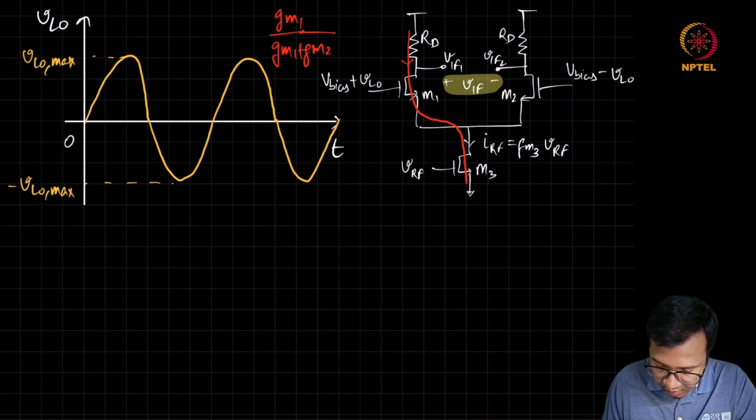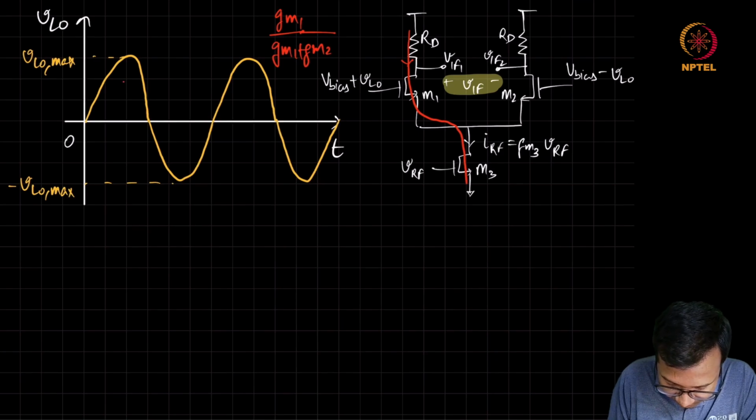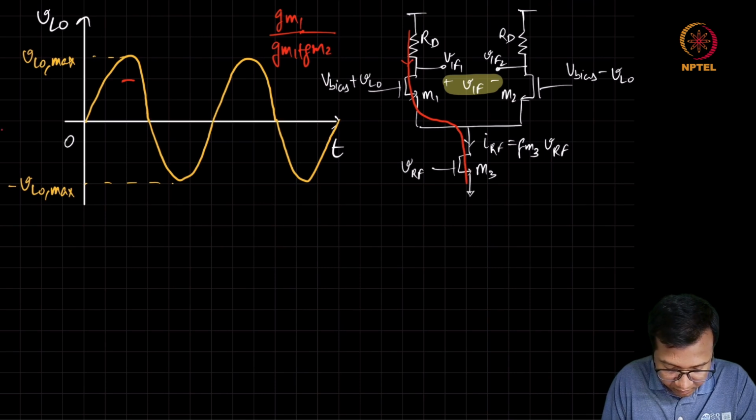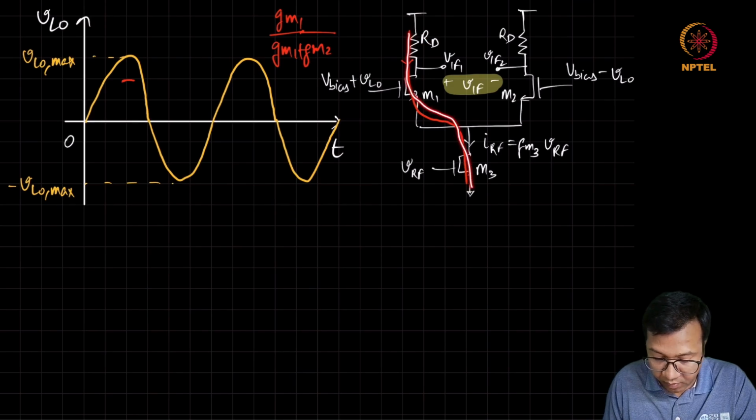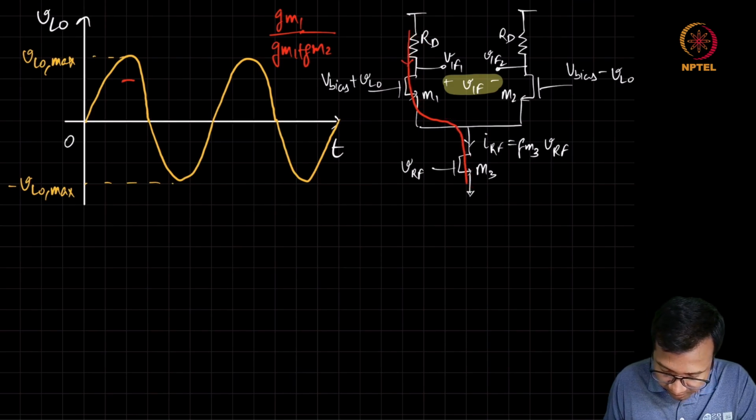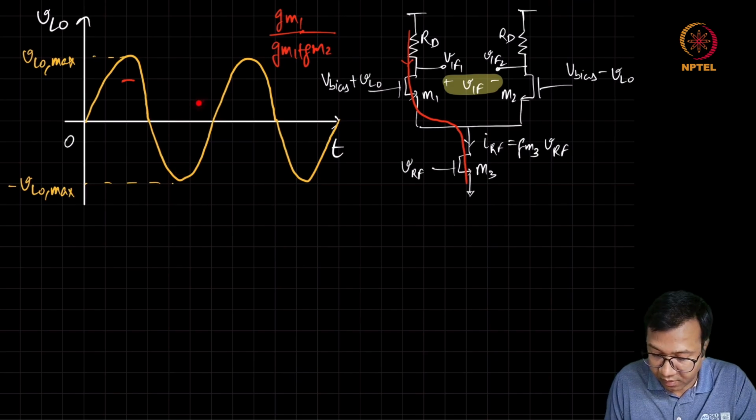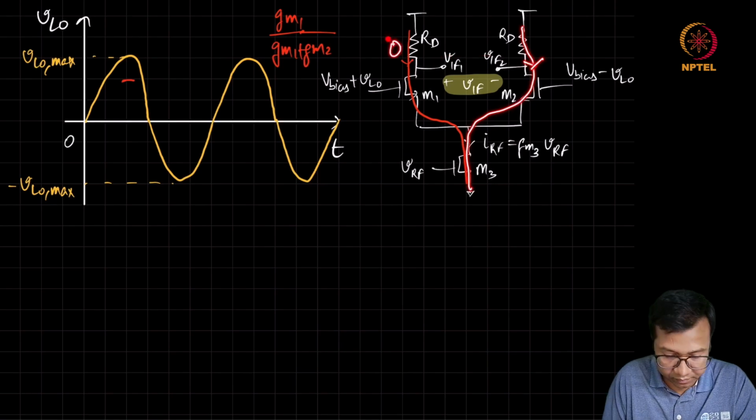But at least we know that at these peaks, this coefficient will become close to 1, because at these positions, the entire current is going to flow into one branch, and on the other side, the current is going to completely steer towards the other branch, so this current will become 0.